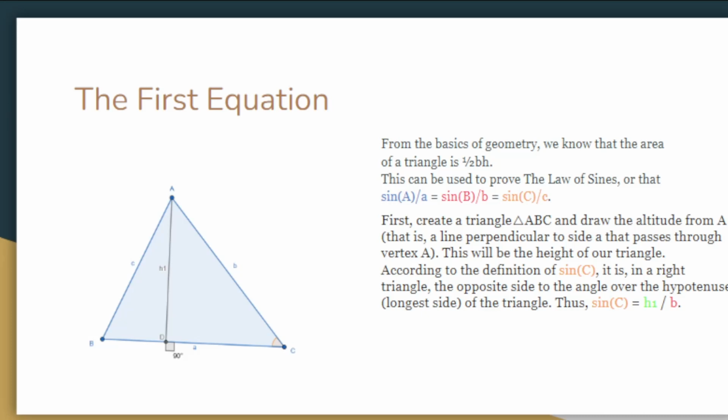According to the definition of the sine of angle C, it is, in a right triangle, the opposite side to the angle over the hypotenuse, or the longest side of the triangle.